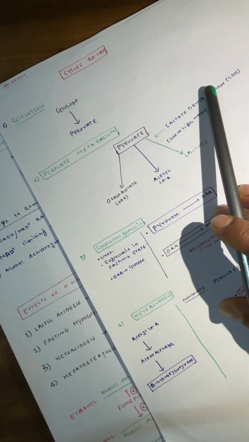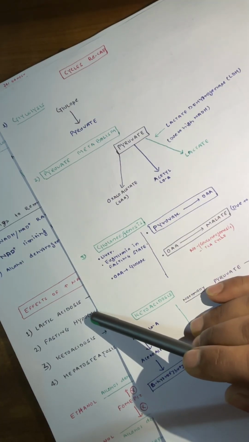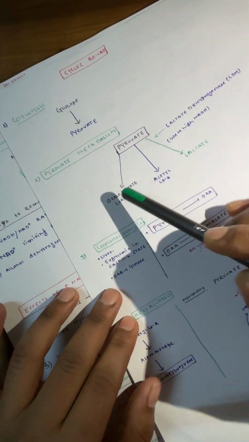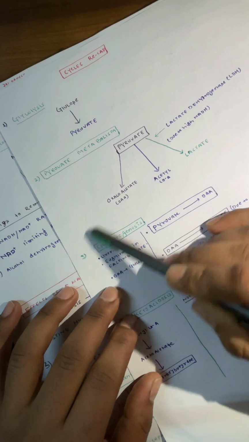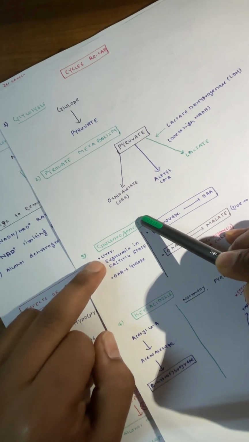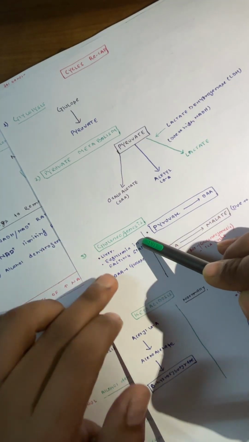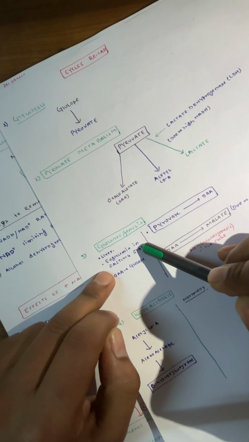Now we'll talk about how fasting hypoglycemia occurs. Normally this pyruvate gets converted to oxaloacetate, okay, which is required for gluconeogenesis. As we all know, this gluconeogenesis process occurs in the liver, and gluconeogenesis keeps our body euglycemic in the fasting state, okay?